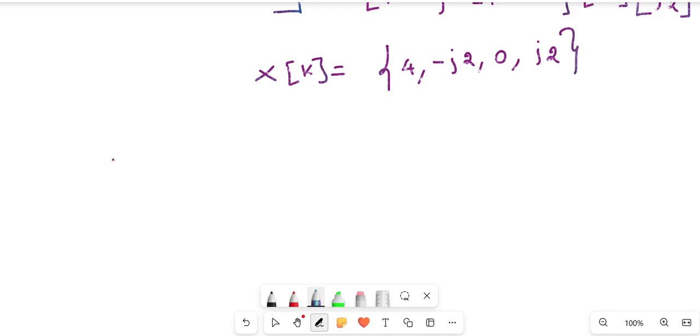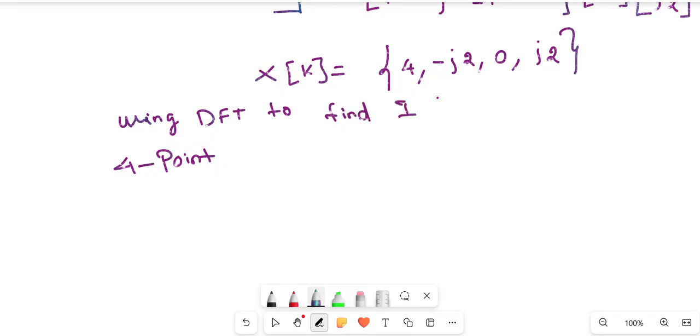Similarly, to find the IDFT using the matrix method, for that you take the complex conjugate.